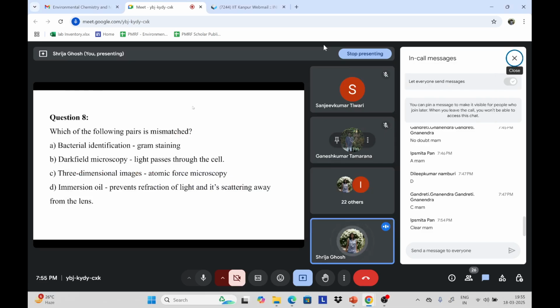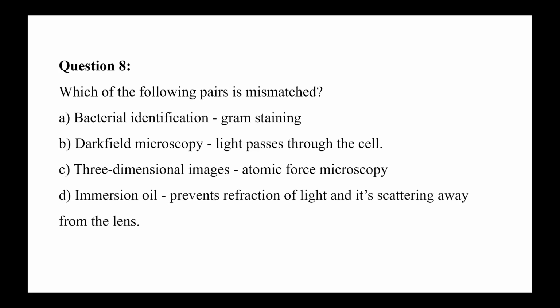Moving on to the next question now. Which of the following pairs is mismatched? Option A, bacterial identification, gram staining. Option B, dark field microscopy, light passes through the cell. Option C, three-dimensional images, atomic force microscopy.